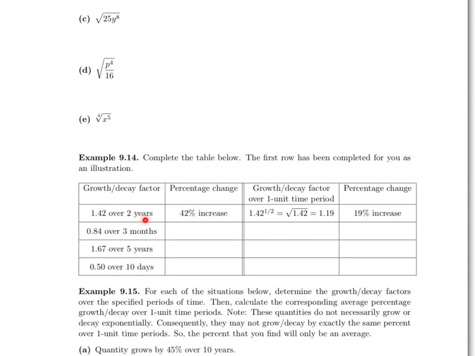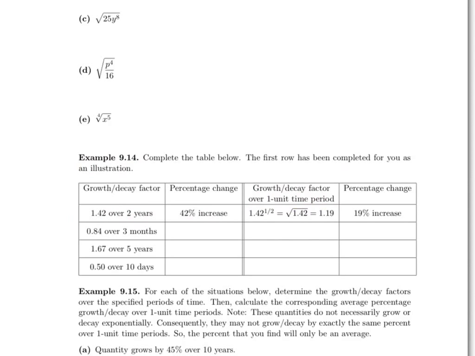And that's over a 2-year period. Now suppose we wanted to calculate the growth or decay factor over a 1-unit time period. So in this case, we're talking about a quantity that grows by 42% over a period of 2 years. But we could ask, by what percentage did it grow over 1 year?